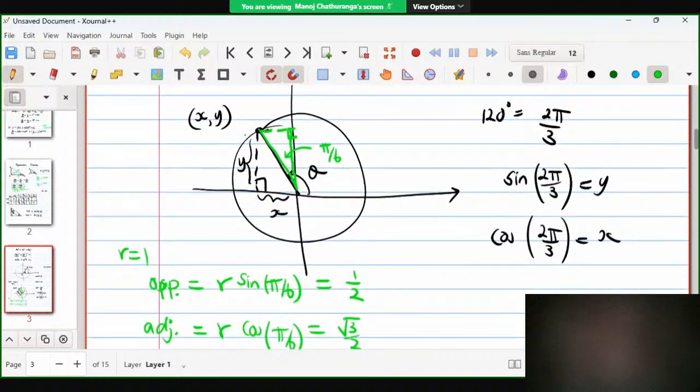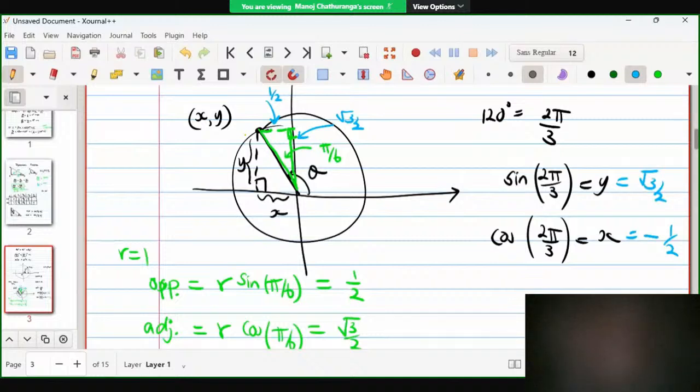So because of that, this opposite side is 1/2. This adjacent side is square root 3 divided by 2. Now, x coordinate is negative 1/2. Y coordinate is square root 3 divided by 2.